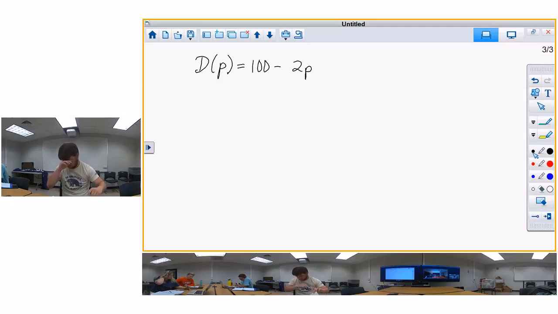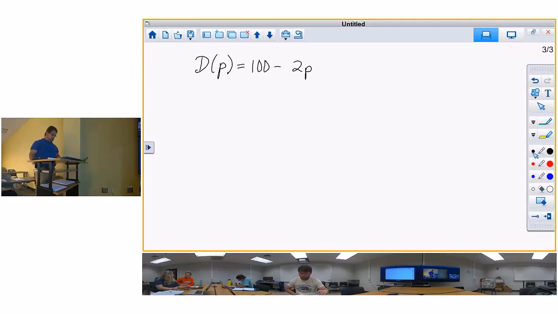This is where we took P and Q. I remember doing this problem in the notes. I'm trying to find it.